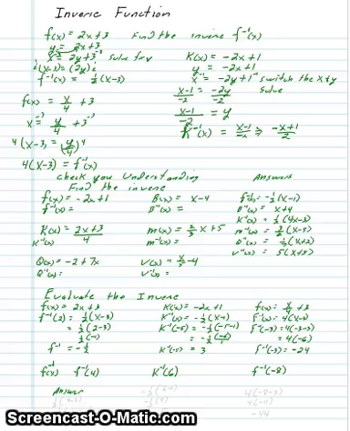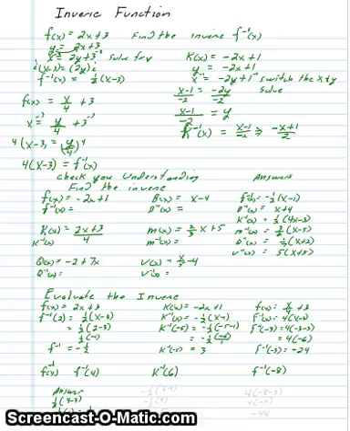Okay, so the answer. f inverse at 4 is going to be 1/2 times 4 minus 3, which is 1/2 of 1, which is going to equal 1/2.